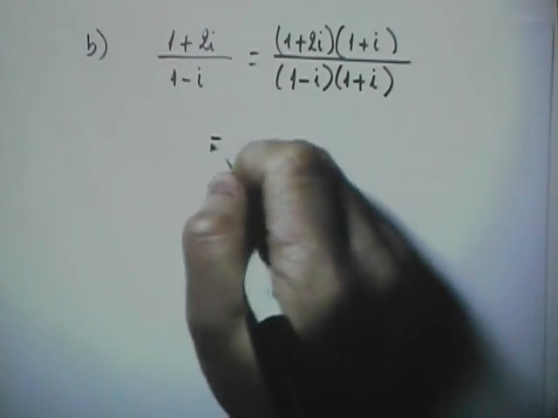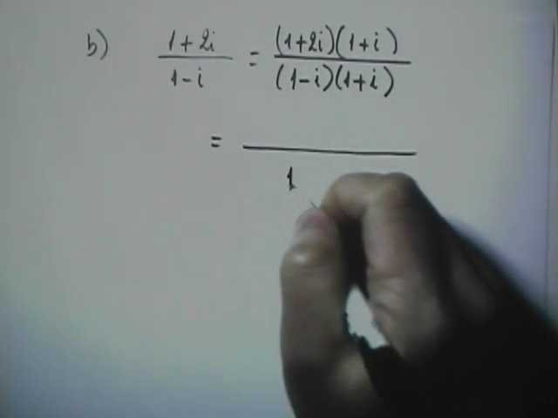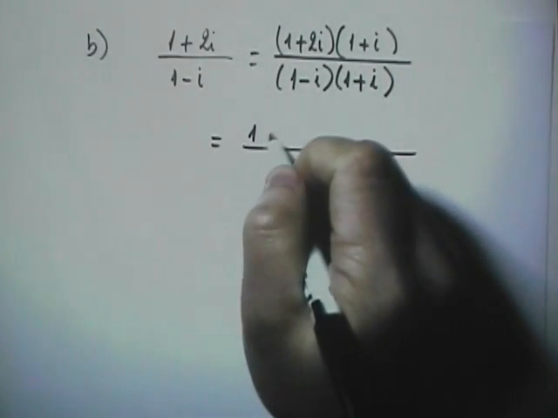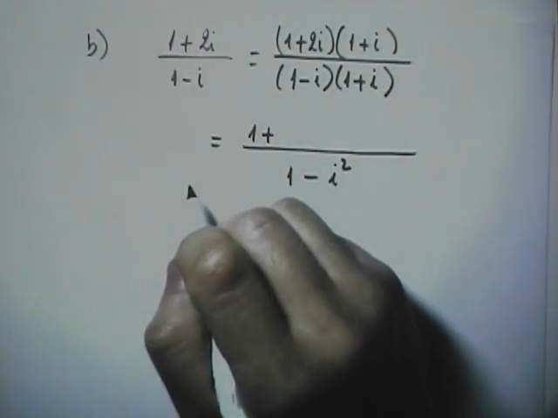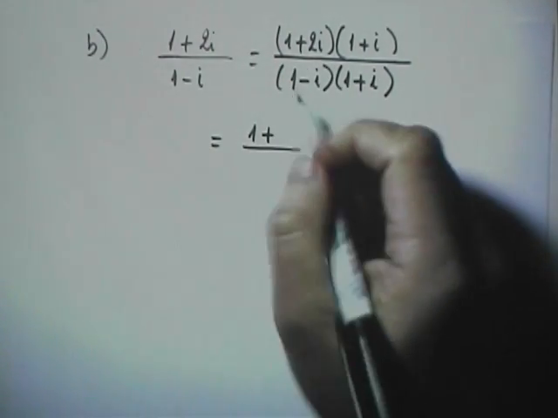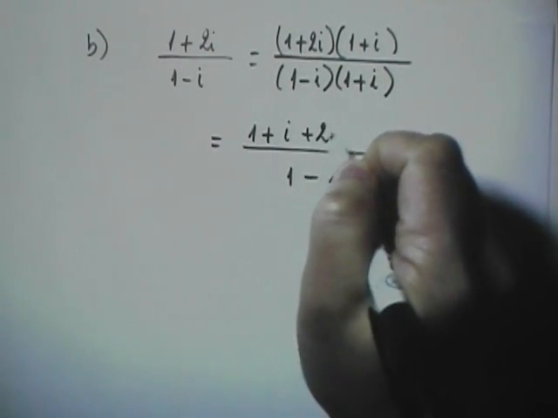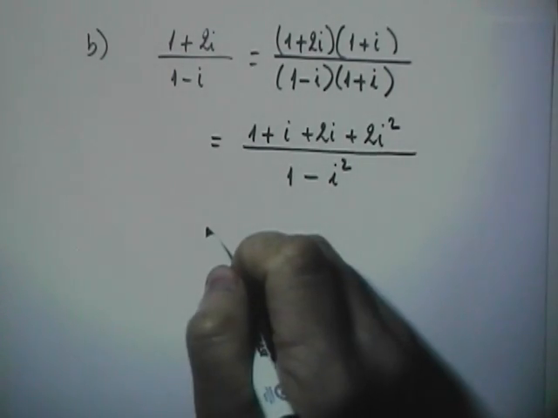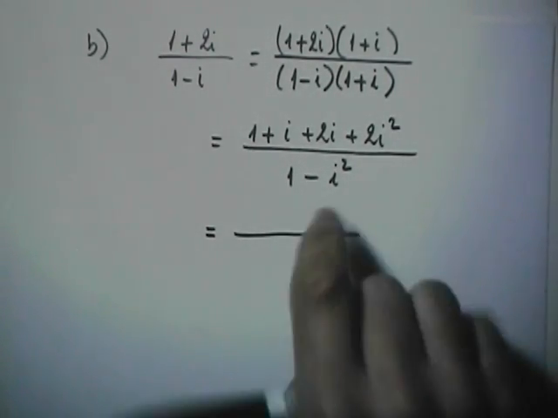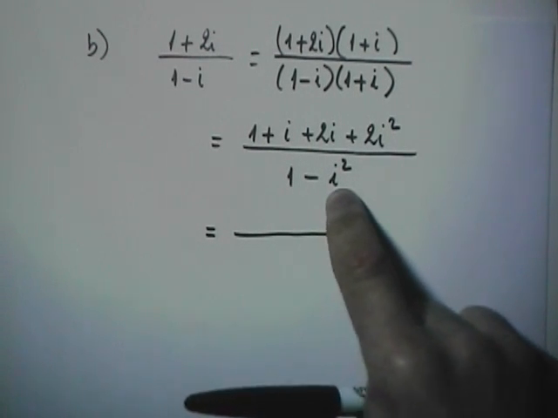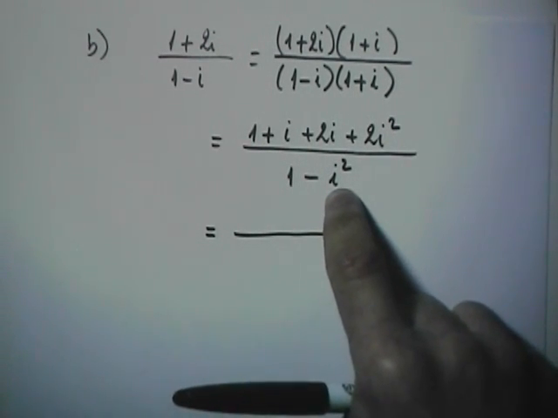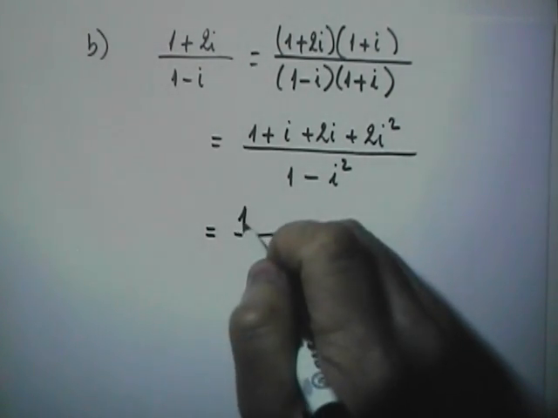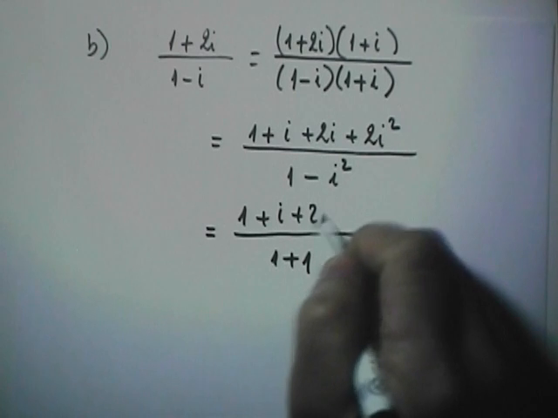At the bottom, you get 1 minus i squared, and on top you FOIL. The top will be 1 plus i plus 2i plus 2i squared. After substituting negative 1 for i squared, at the bottom I have 1 plus 1, and on top I have 1 plus i plus 2i minus 2.